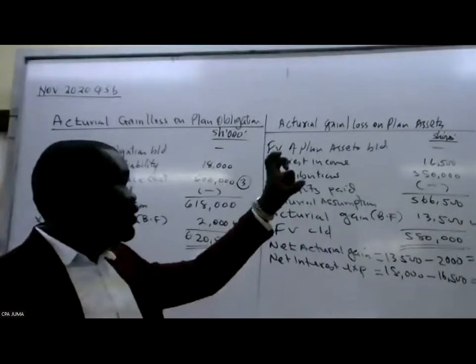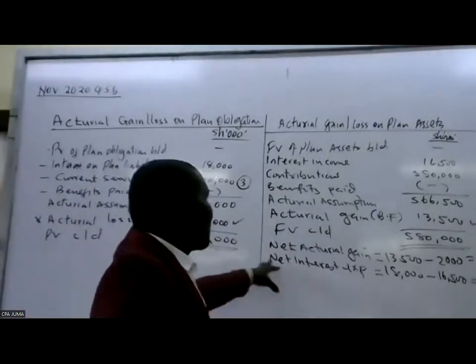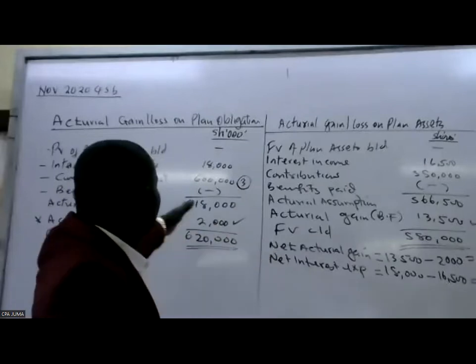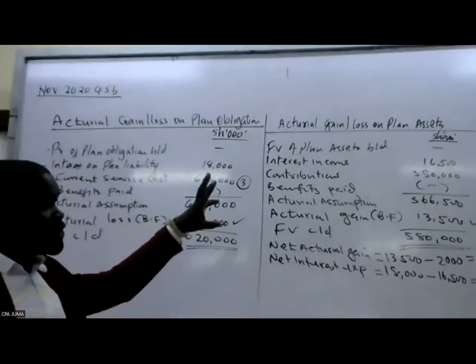So interest we have already computed. Gain we have, so current service costs. So those three.